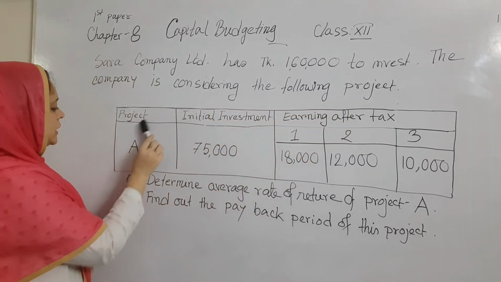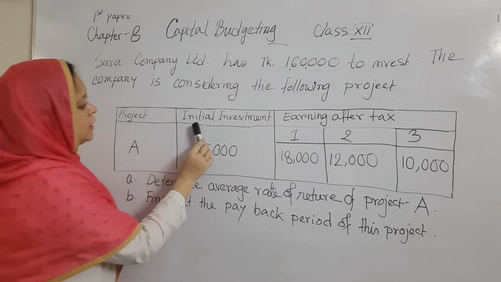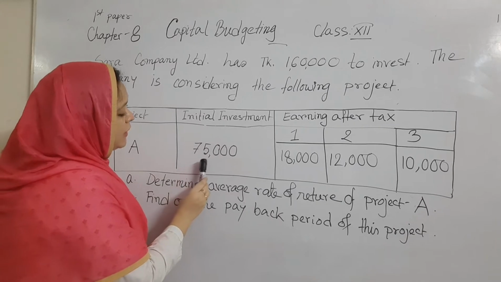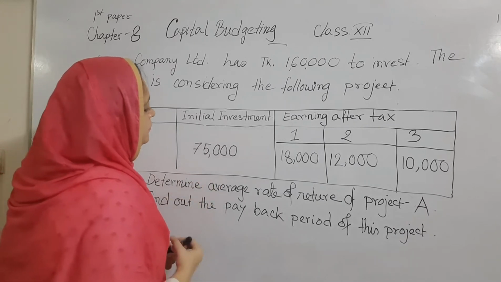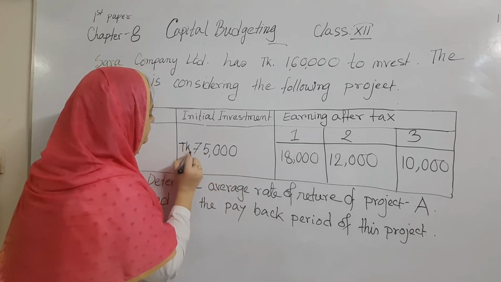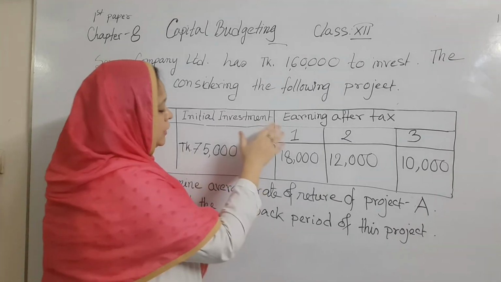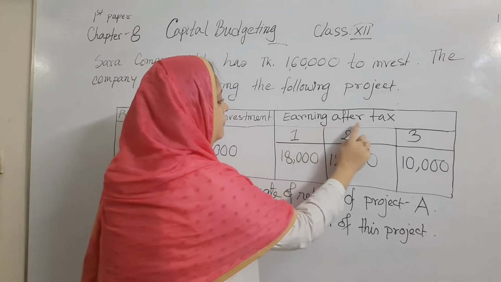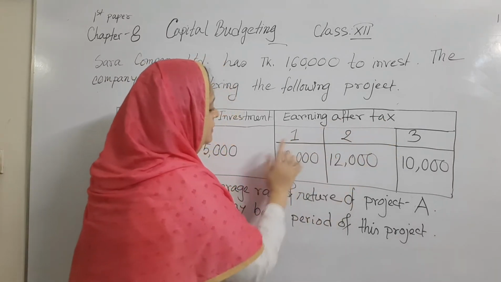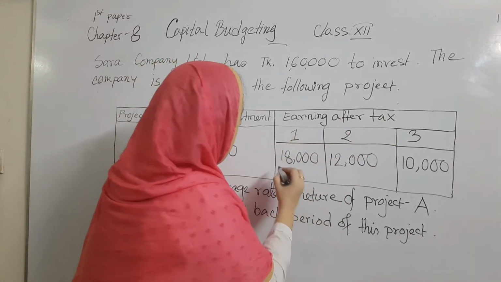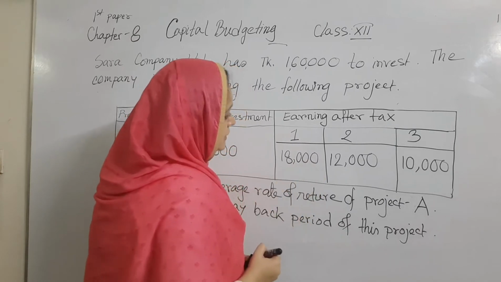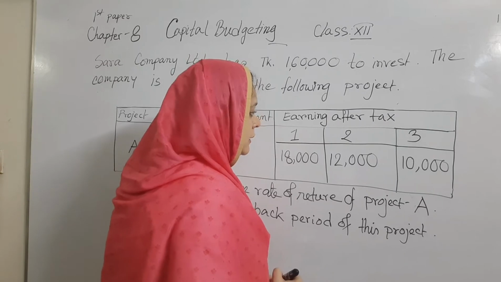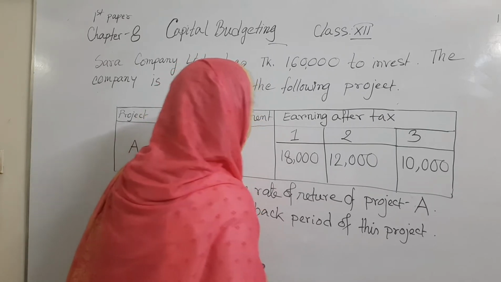Here project A, the initial investment of project A is 75,000 taka. The information of project A, earning after tax, is: first year 18,000, second year 12,000 and third year 10,000.